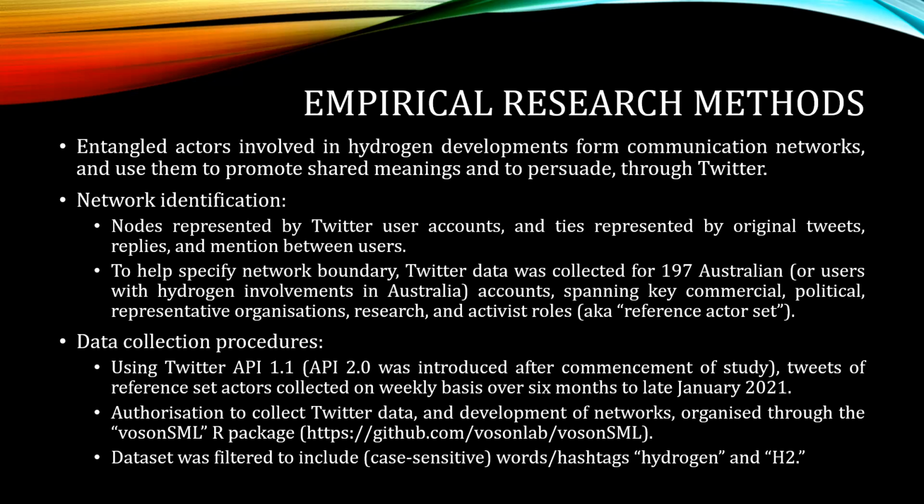After identifying the close to 200 actors, I then manually categorized them in accordance with their roles within the network. So you'll have commercial actors, political actors, business representative organizations, research institutes and academics. You'll have climate activists.